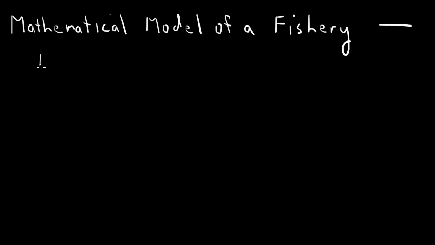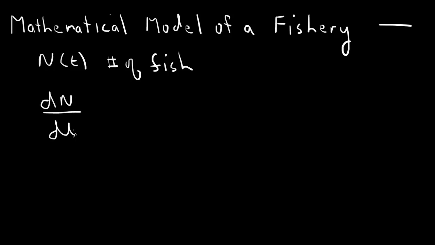So let n of t be the number of fish at time t. And we want to write down a model for n of t. So we're going to start with the logistic model, which says that when fish are rare, they grow exponentially.